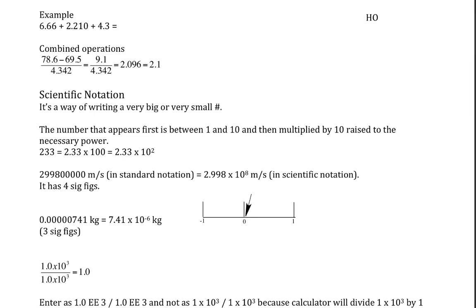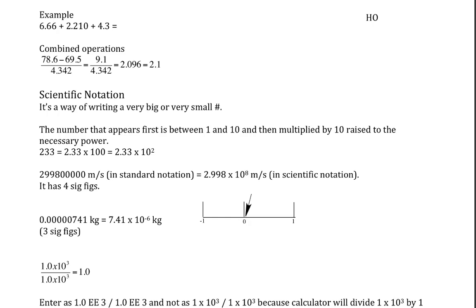Next we have when we combine operations, when we do subtraction and multiplication, division, addition all together. So let's say that we have this 78.6 minus 69.5 that we then divide by 4.342.